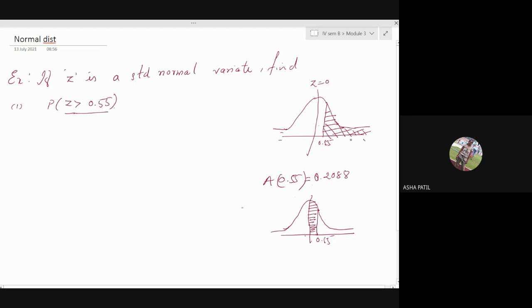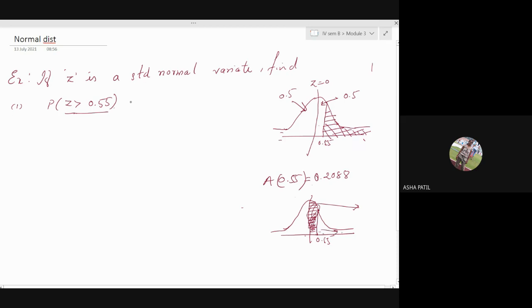Now, how to go for it? Already you know that the total area under the normal curve is 1, and to the left and to the right it is 0.5. So what we do is, we'll take this total area as 0.5, in that subtract this part so that you will get the remaining region.